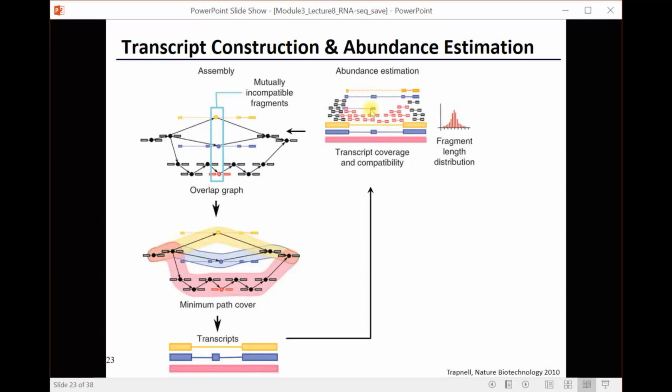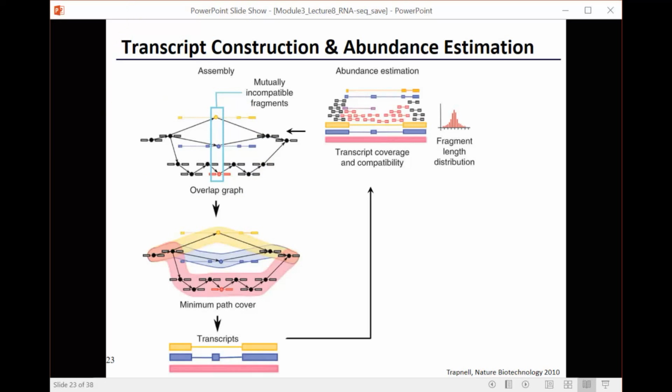In the same way, the red, yellow, and blue fragments are mutually incompatible, and the fragments of the same color are mutually compatible. By using each compatible fragment as a node and connecting it with the closest compatible fragment, we can get an overlap graph. This is the overlap graph.